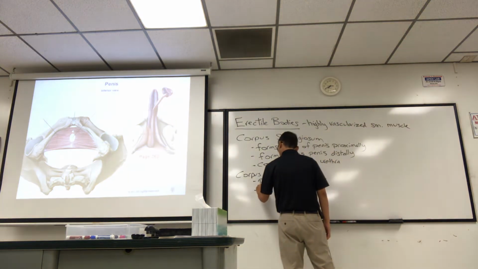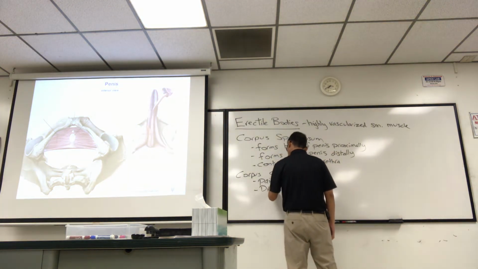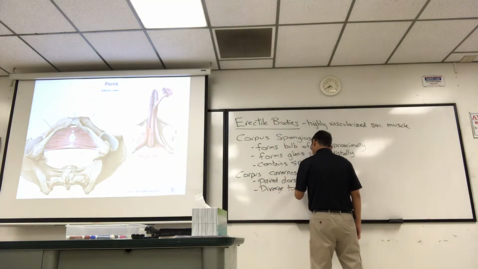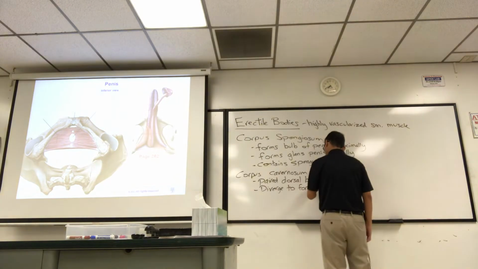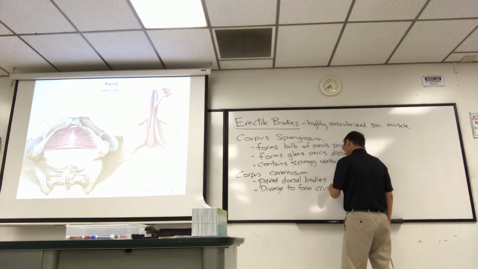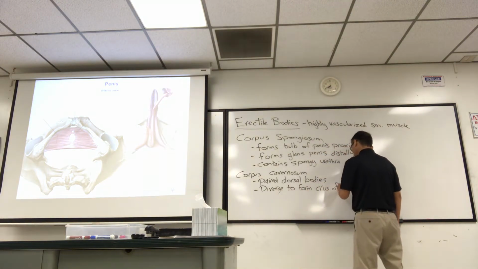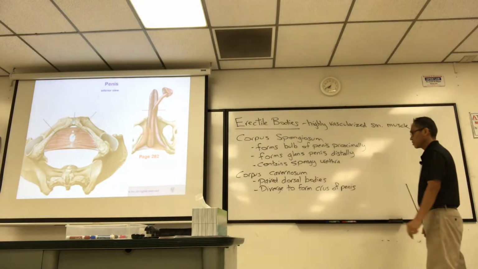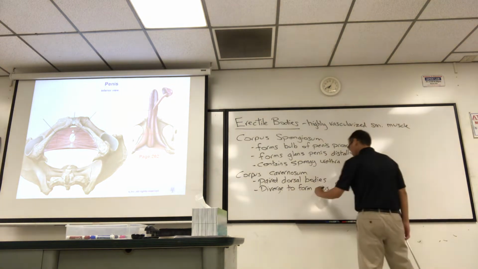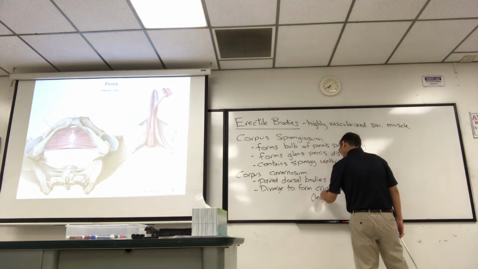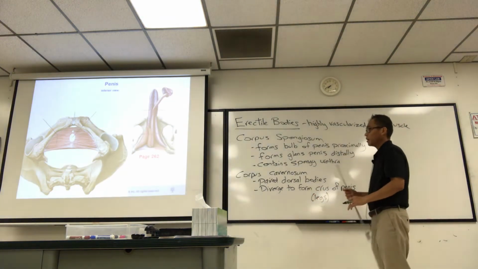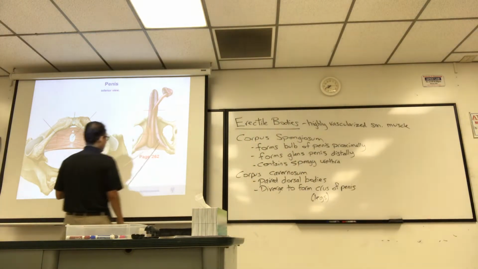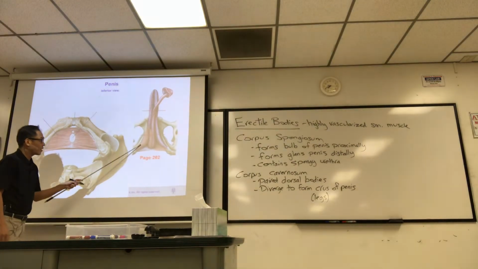When you get to the root, they diverge to form the crus of the penis. Crus means legs. And this is the part that's attached to the pubic bones. Right here, and then right there.